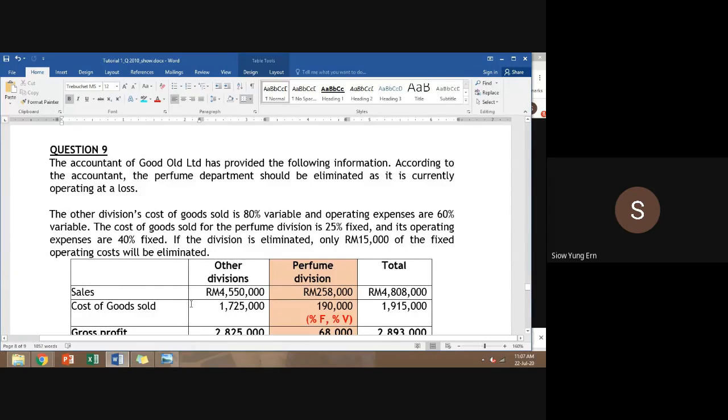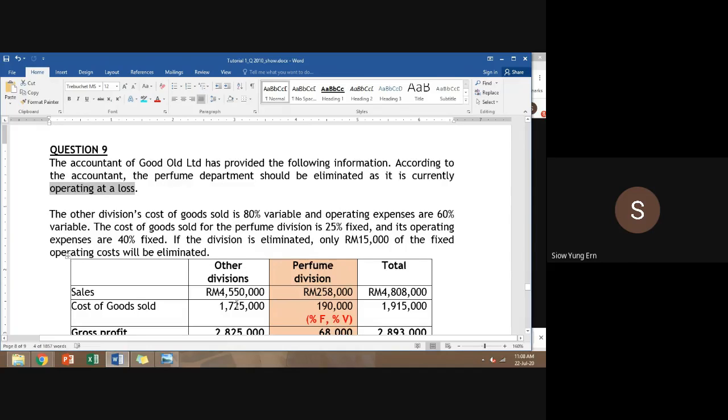The accountant of Good Old Limited has provided the following information, and according to the accountant, the perfume department should be eliminated as it is operating at a loss.